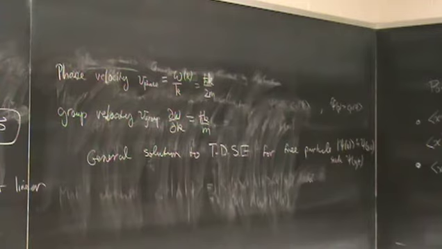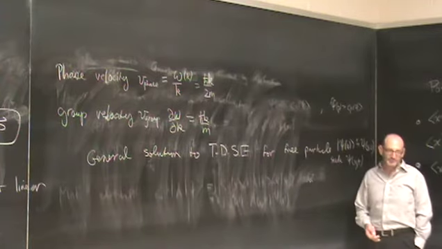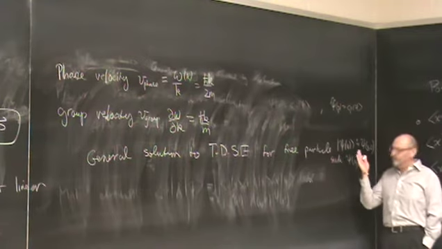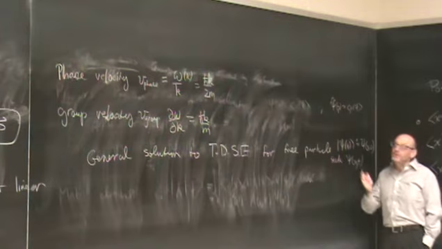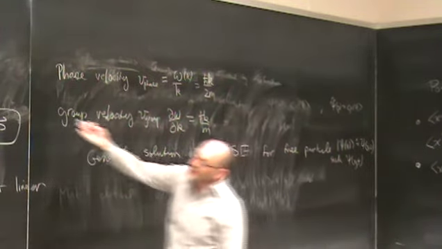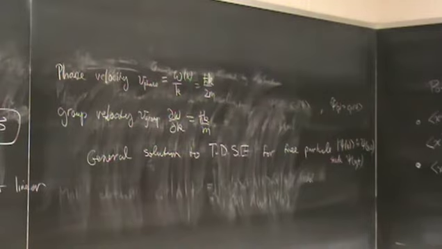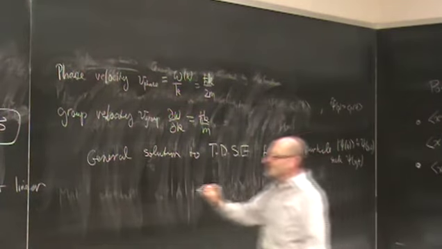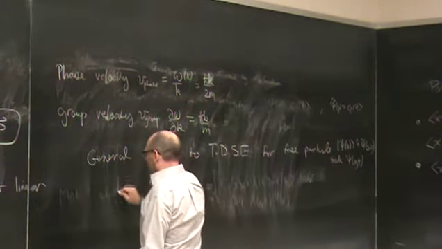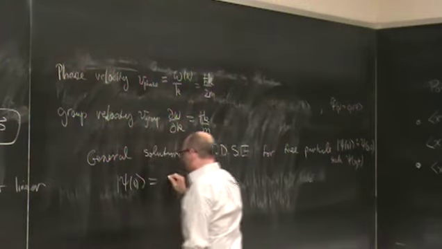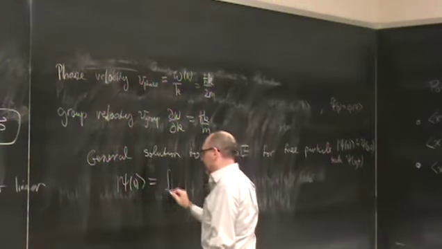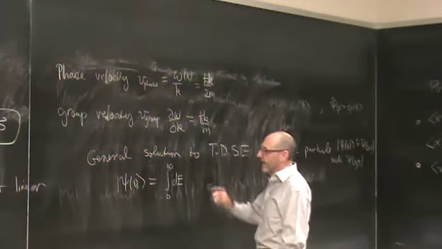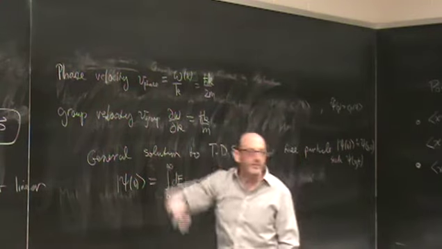Well, a generic procedure is the following. Take the initial state, decompose it into energy eigenvectors. You know how every energy eigenvector evolves, and then resum them. So my initial state at time equals 0 can be expanded in terms of energy eigenstates. In this case, the energy eigenvalues are a continuum of energies. Energy goes from 0 to infinity.